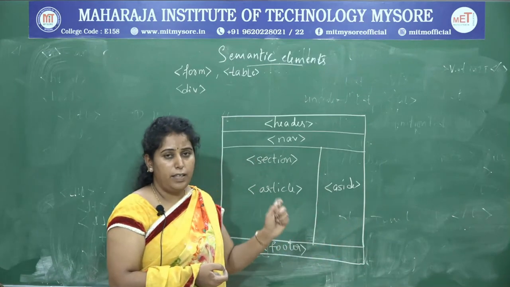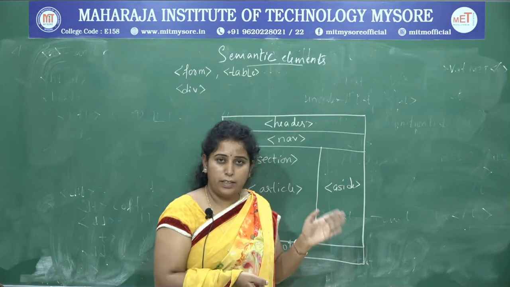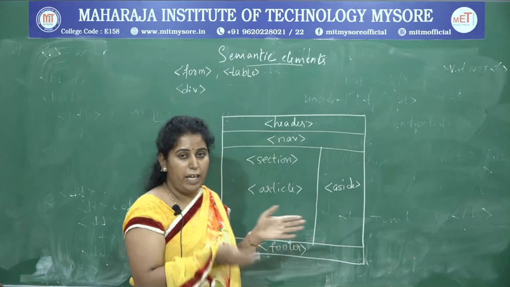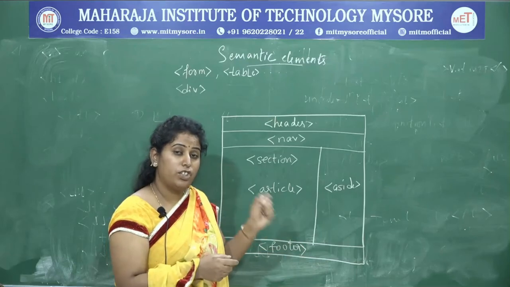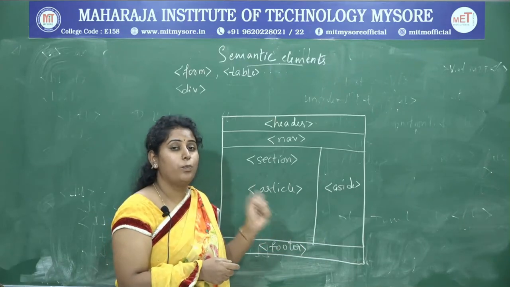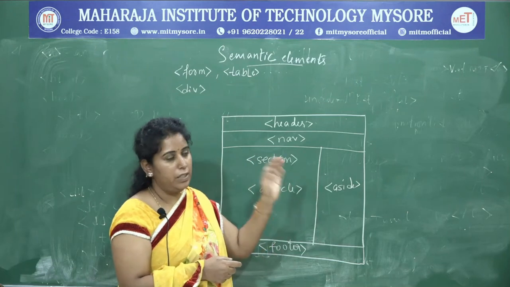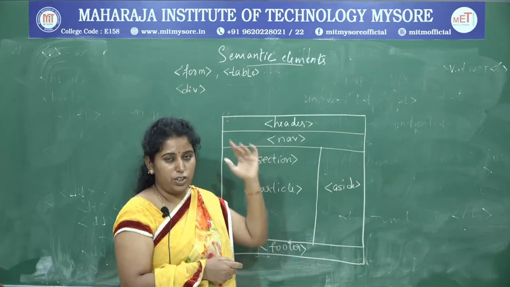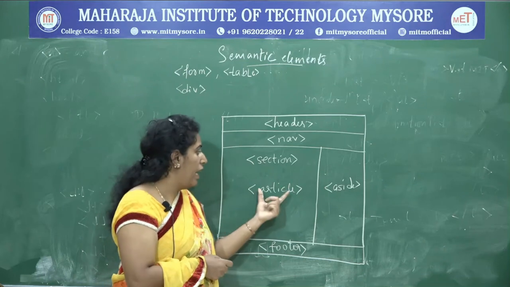In the 7th sem, there are about 120 to 130 students. Are all those students sitting in the same class? No. We have divided them into several sections, section A, section B, section C. That is what a section means, and it also contains a heading.